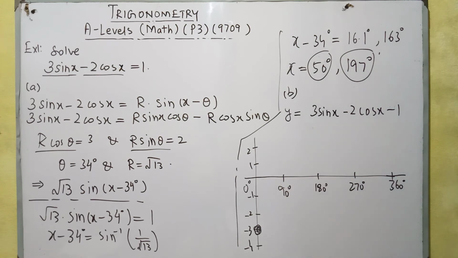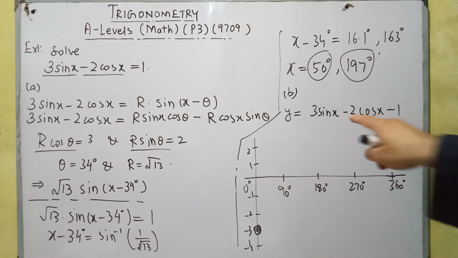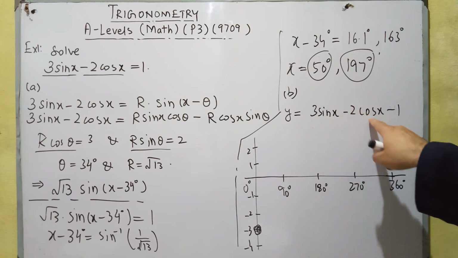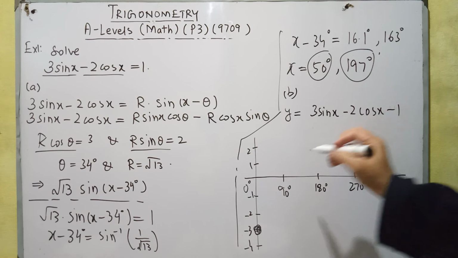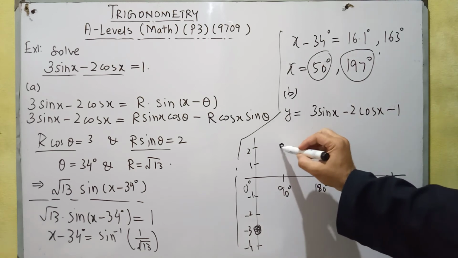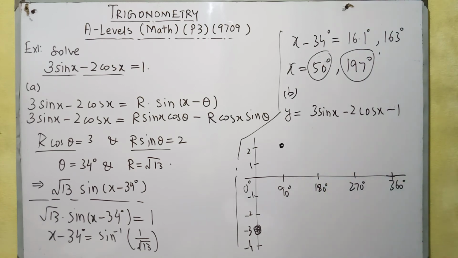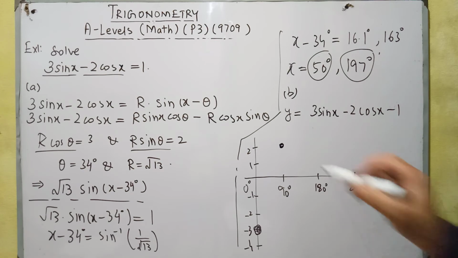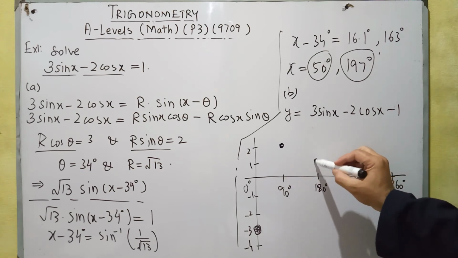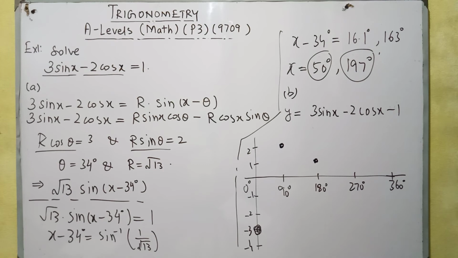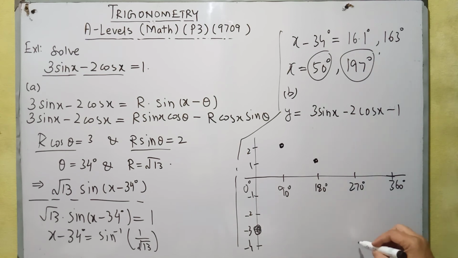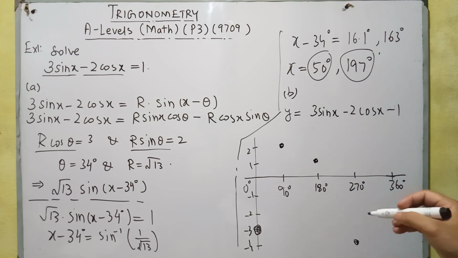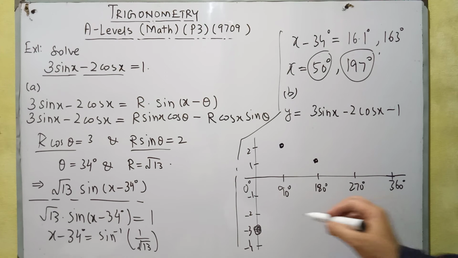And if we substitute 90, we know that sine 90 is 1 and cos 90 is 0, so 3 minus 1 will be equal to 2. So at 90 degrees we will have this value. And if we substitute 180, we will have y equal to minus 1. If we substitute 270, y will be equal to minus 4. And if we substitute 360, that will be equal to minus 3.